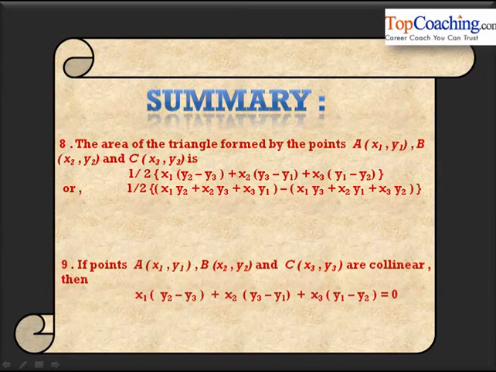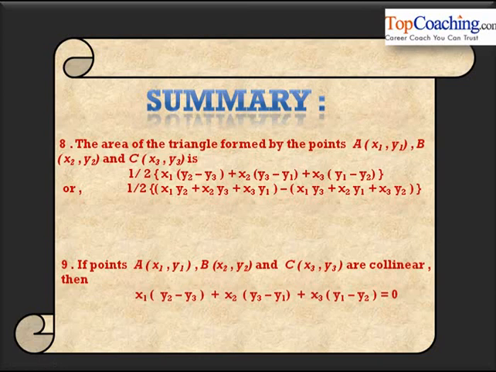And the last point is, if the points A with the coordinates as (x1, y1), B with the coordinates as (x2, y2) and C with the coordinates as (x3, y3) are collinear, then x1 into (y2 minus y3) plus x2 into (y3 minus y1) plus x3 into (y1 minus y2) is equal to 0.